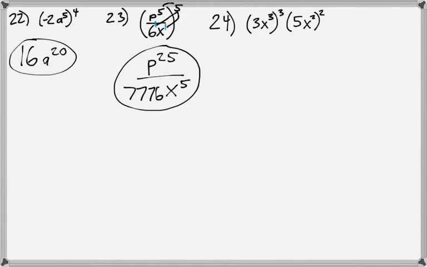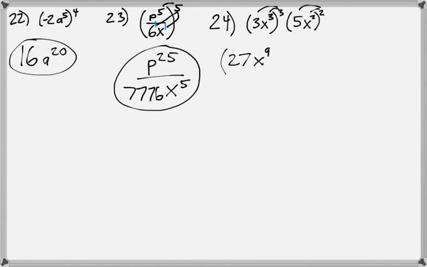For 24, I want to distribute my powers. So 3 cubed. I don't want to do 3 times 3, I want to do 3 cubed. That is 27. Then x to the 3 raised to 3, that's where we do 3 times 3, so that'll be x to the 9th.